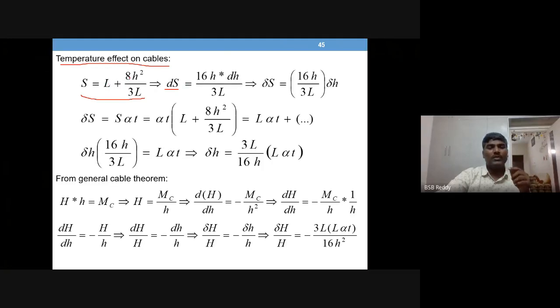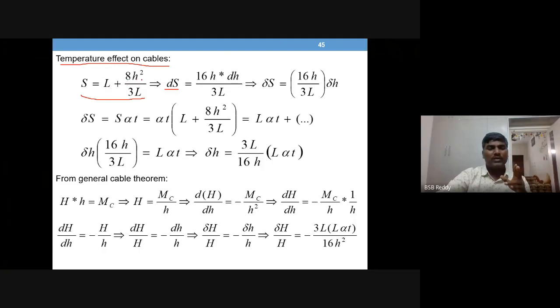At 8 into h square, the change will become 2h into the infinitely small change in h, that is dh, divided by 3L. L is constant again, and the differential of a constant is 0.